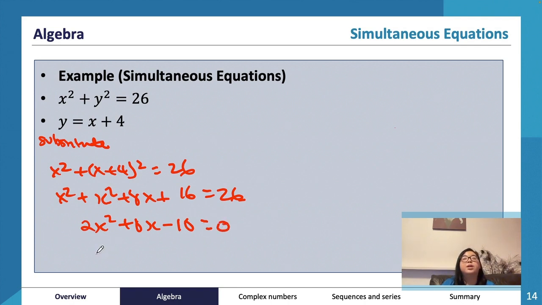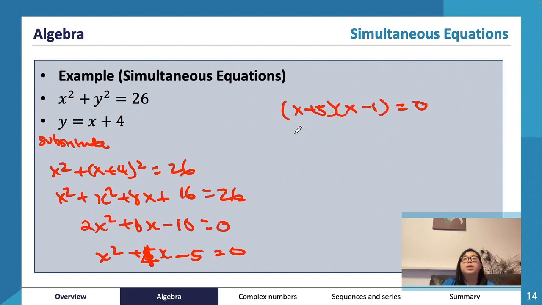So therefore we'll get that x squared plus 4x minus 5 will equal to 0. So we can get an equation of x plus 5, x minus 1, and that equals to 0. So we'll get that x equals to negative 5 or x equals to 1.